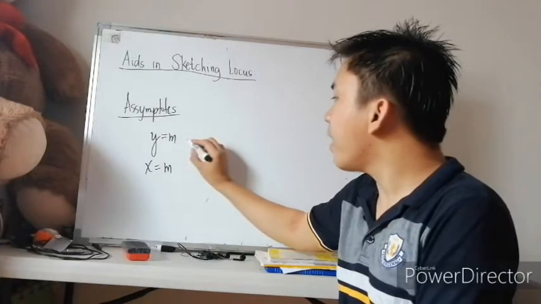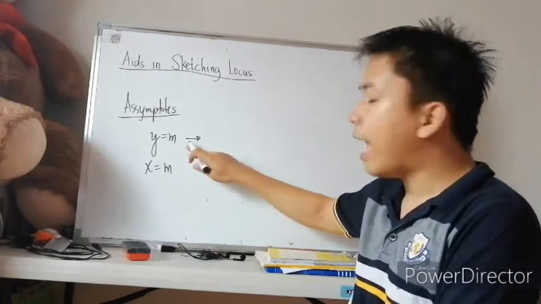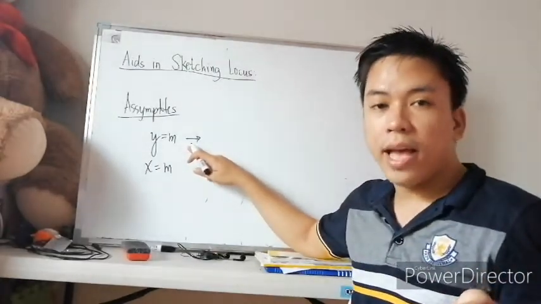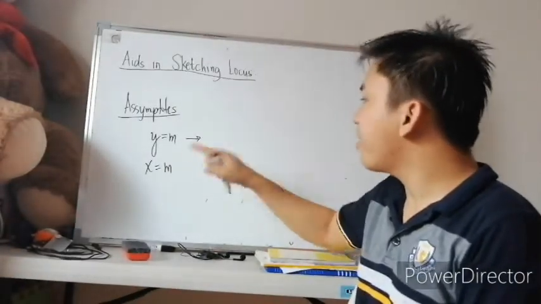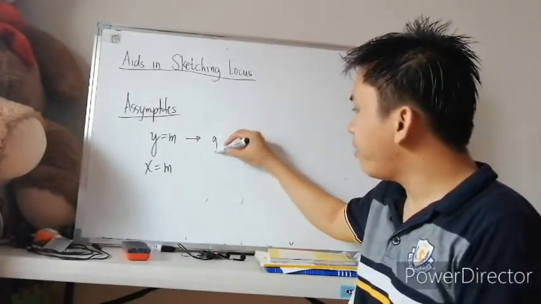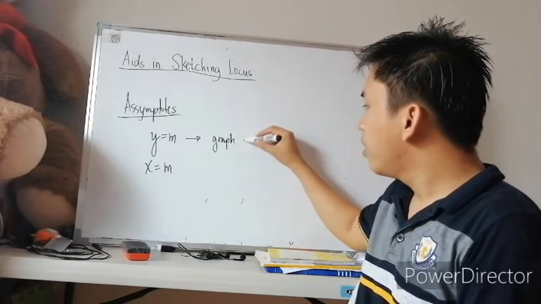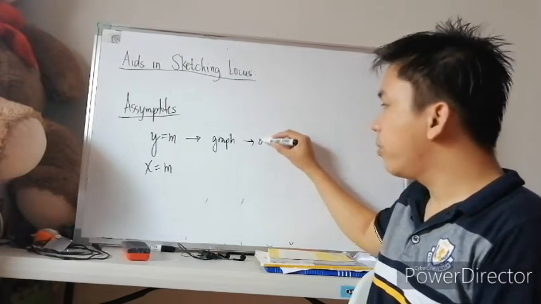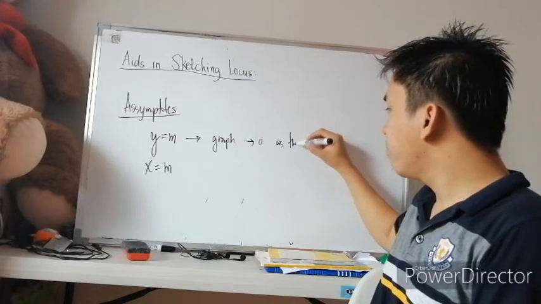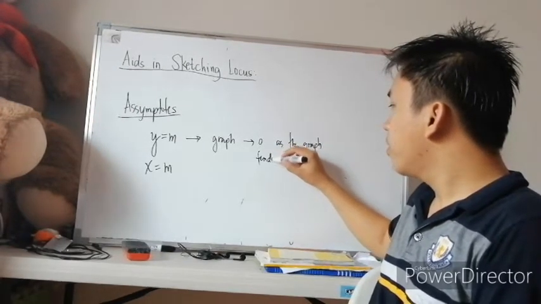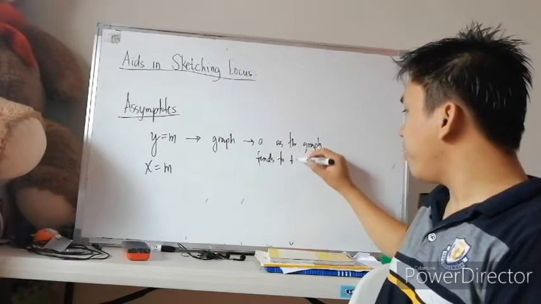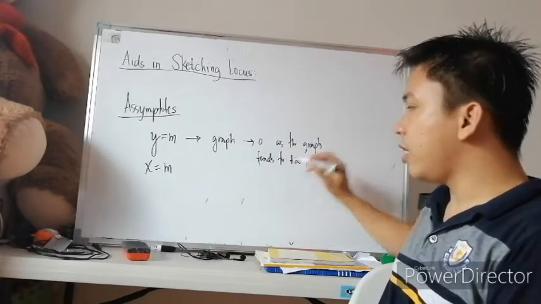We call this line the horizontal asymptote provided the distance between this line and the graph itself approaches 0 as the graph tends to either positive infinity or negative infinity.